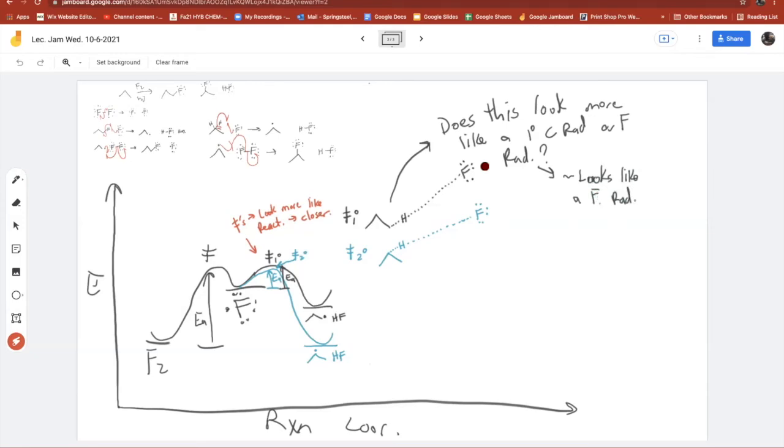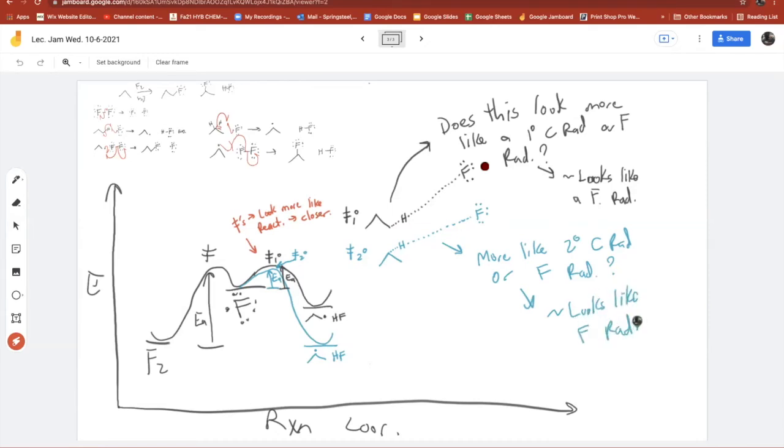What about the secondary? Does it look more like a secondary carbon radical or fluorine radical? Like a fluorine radical.